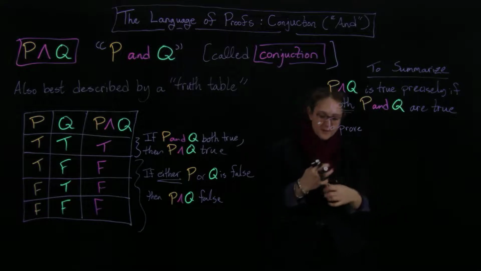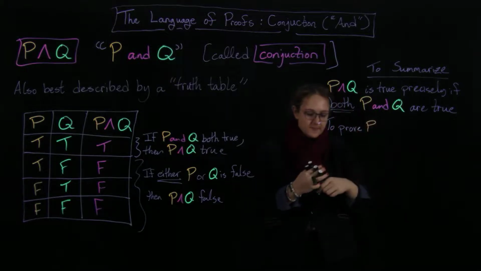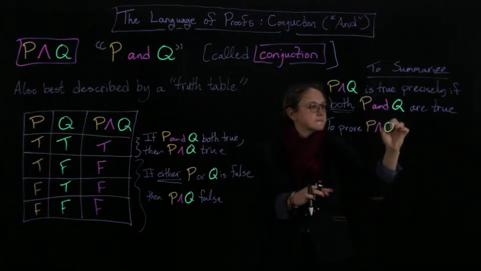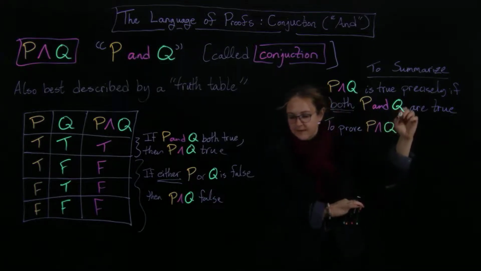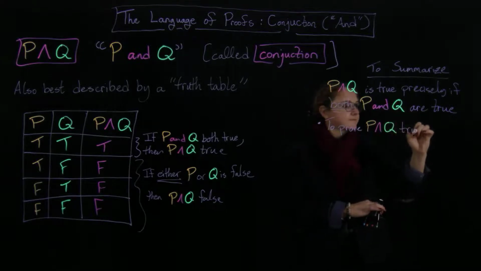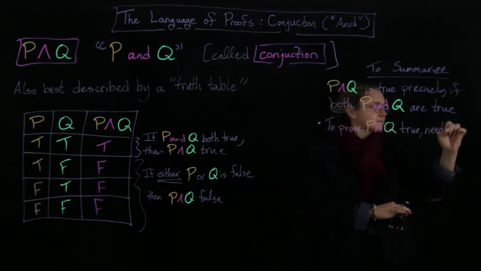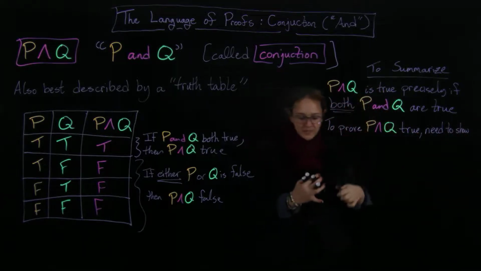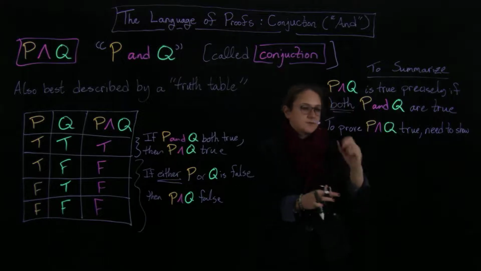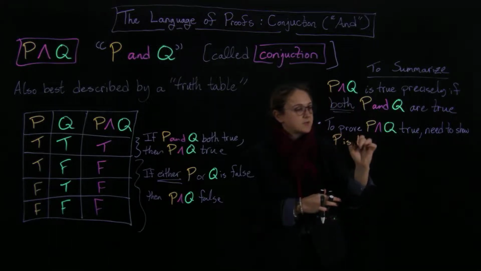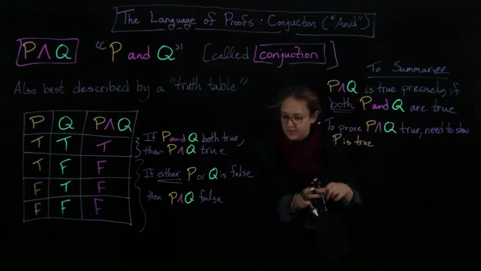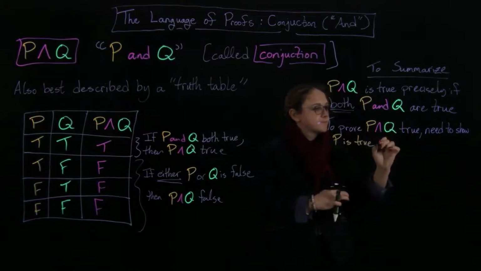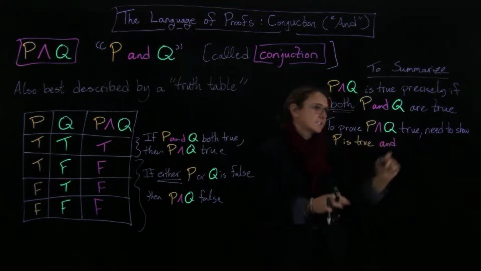To show that P and Q is true, we need to show that P is true, and we need to show that Q is true.